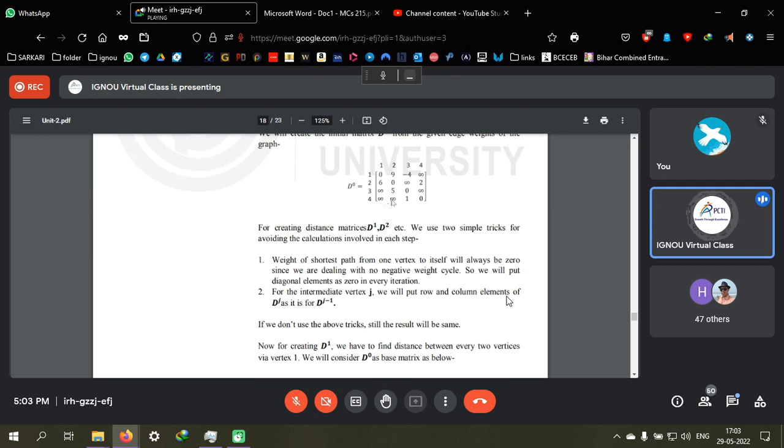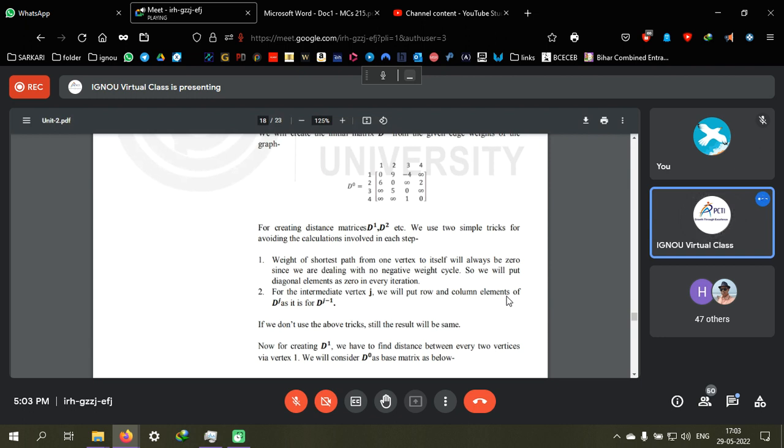We have to remove the infinity value and find the shortest distance for that value. We have to perform the similar task here. The weight of the shortest path from one vertex to itself will always be 0 since we are dealing with no negative weight cycle. So we will put the diagonal element as 0 in every iteration.